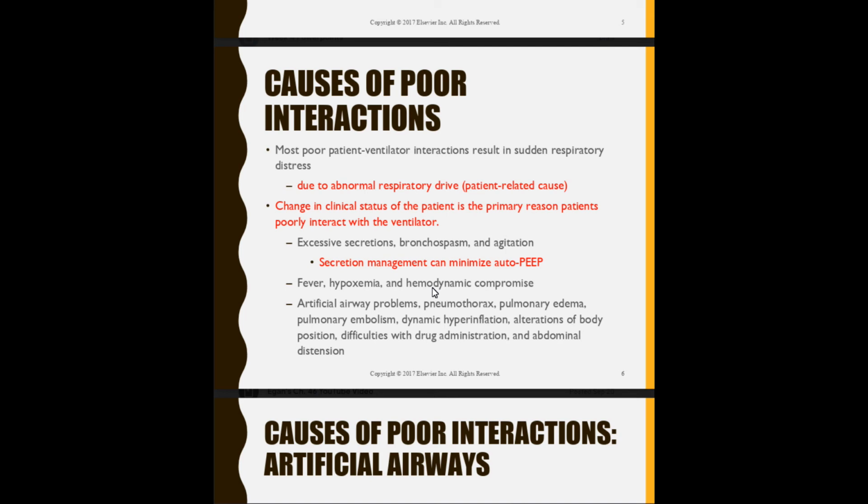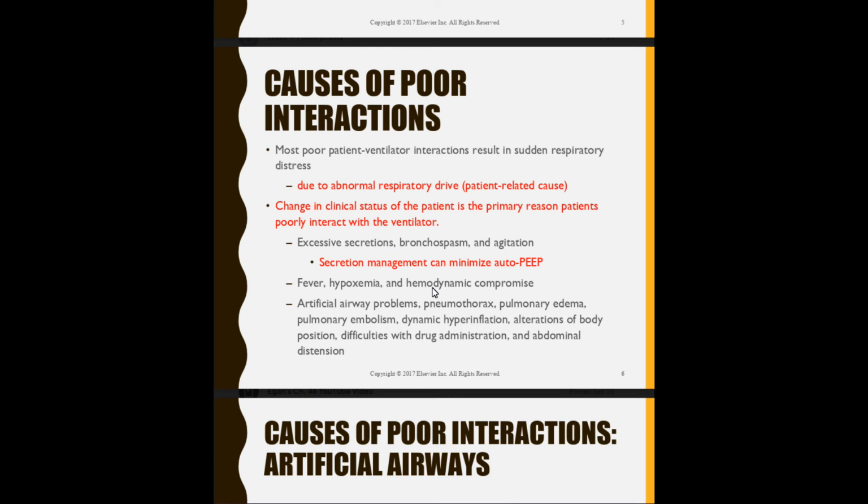All right. So most likely, our patient-ventilator interactions result in a sudden respiratory distress. Notice the word sudden. It's not like a nice and easy trend you'll see. It's sharp. The trend's going to turn downward, and it's going to turn downward fast.